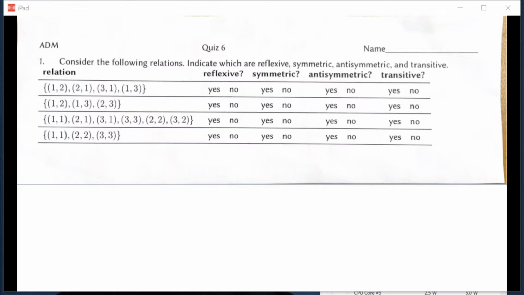It looks like people are finishing up. Oh yeah, I forgot, there is a homework. I guess I can collect that as well. So when you're done, you can send the homework over into the middle.